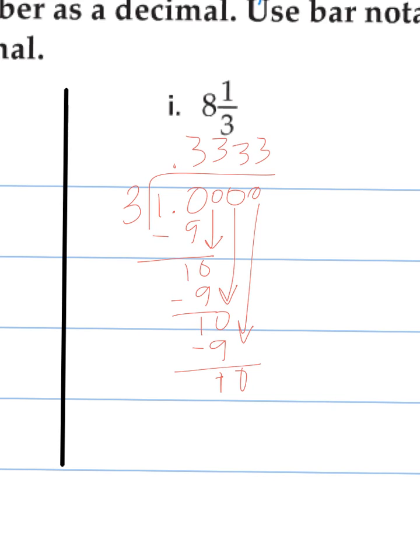So 1/3 written as a decimal, we could say is 3/10 repeating. So we put that bar notation over the 3, that's where it's repeating. And the 8, our whole number in the one spot, stays the same. So 8 1/3 is written as 8 3/10 repeating as a decimal.